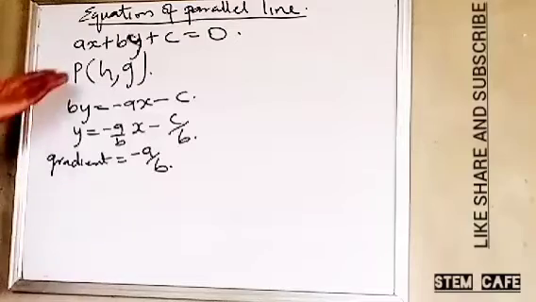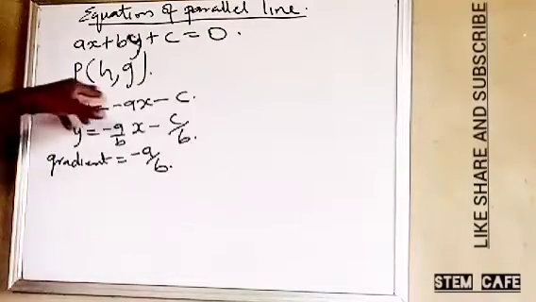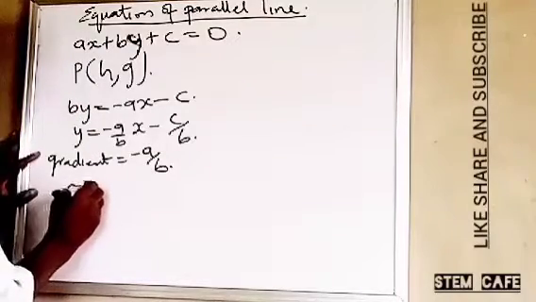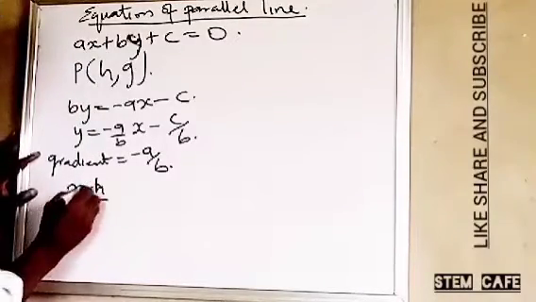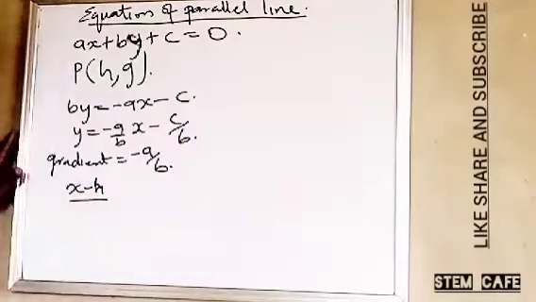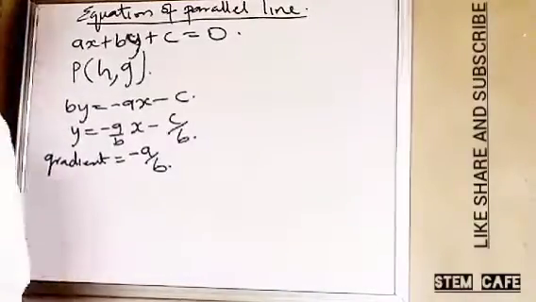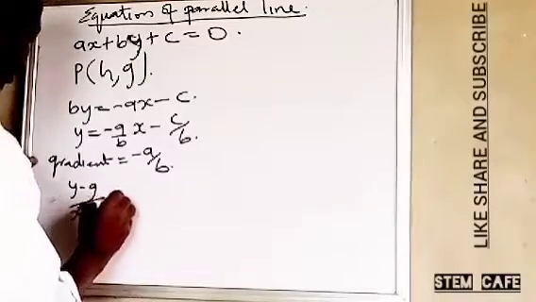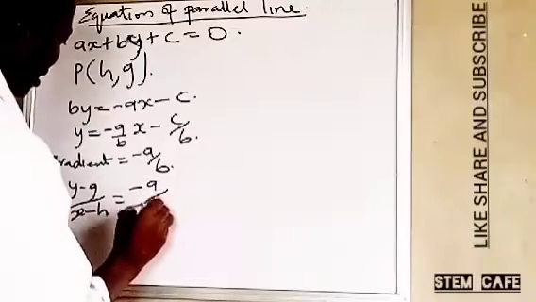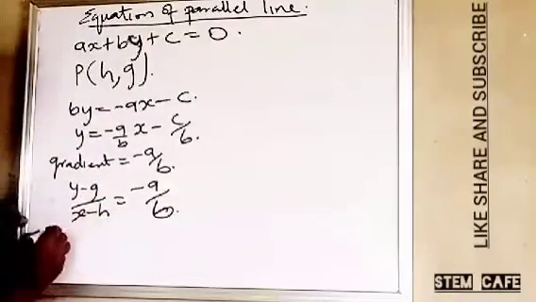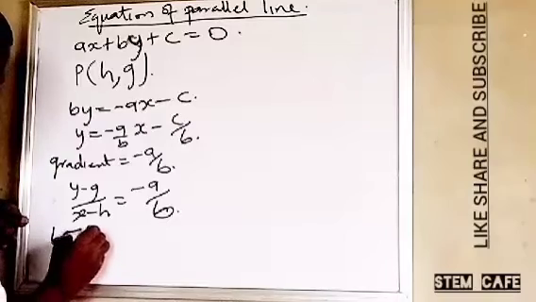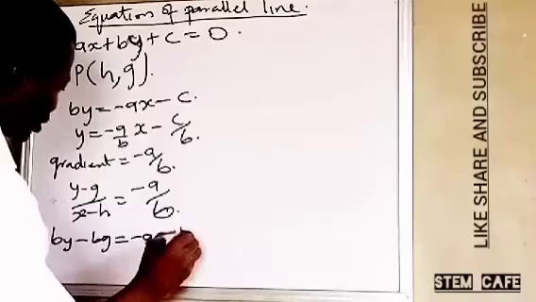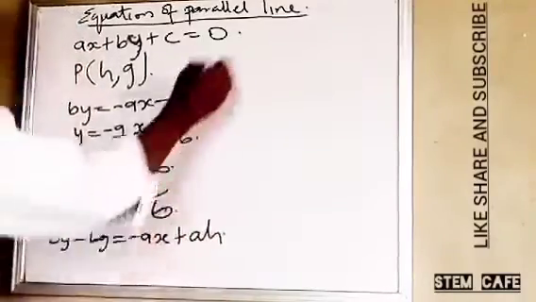Now we can see that the parallel line passes through (h, g). We can now say (y − g) over (x − h) equals minus a over b. So it's by − bg equals minus ax + ah.